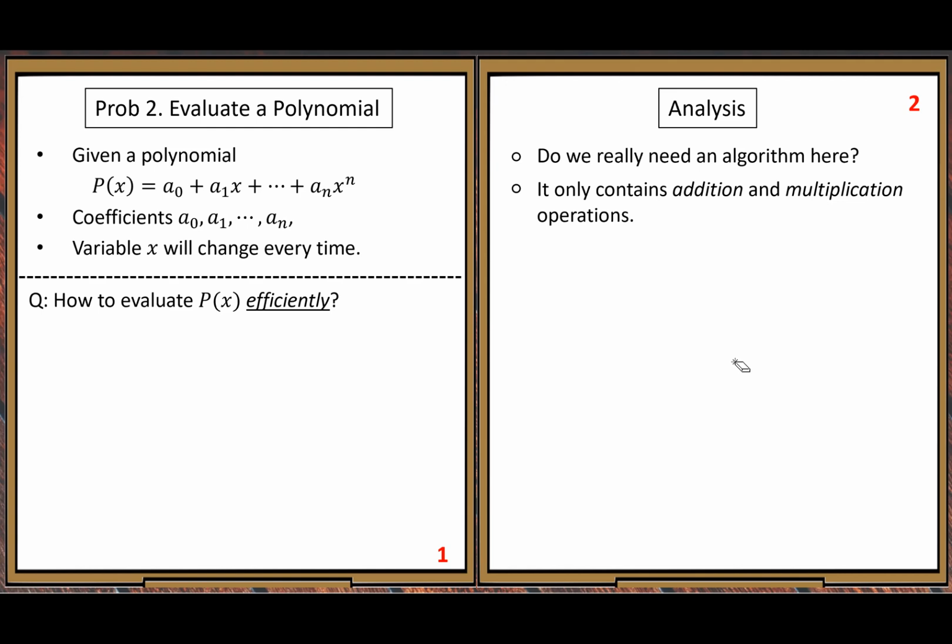Whatever way we do, we always need to use addition and multiplication operations, right? You can do it in so many different ways, but you need to do additions and multiplications to find its value. Now, how to measure efficiency?